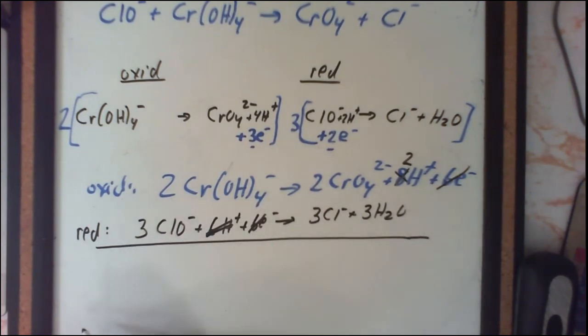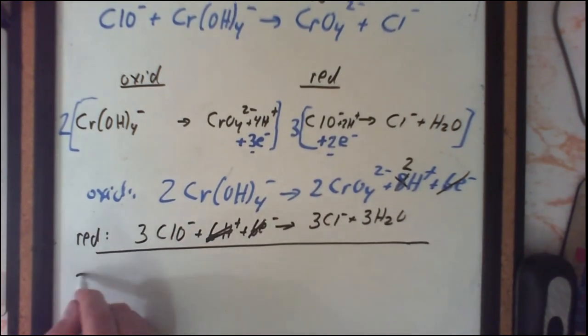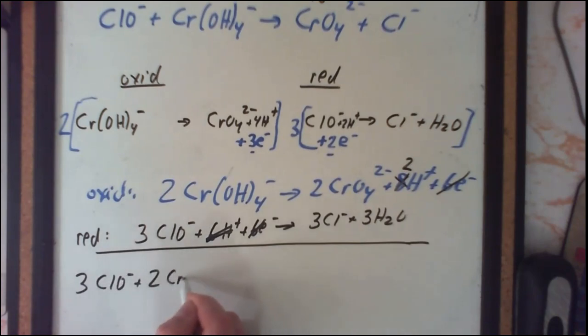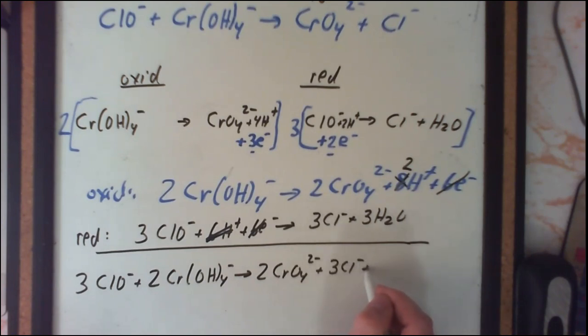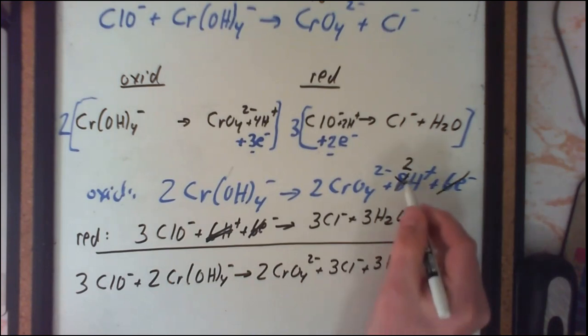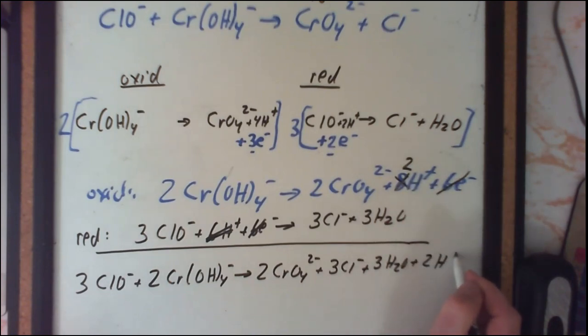So when I add these 2 equations together, we'll get 3 ClO minus plus 2 Cr(OH)4 minus, and gives me then 2 CrO4 2 minus plus 3 Cl minus plus 3 waters plus 2 hydrogen ions.